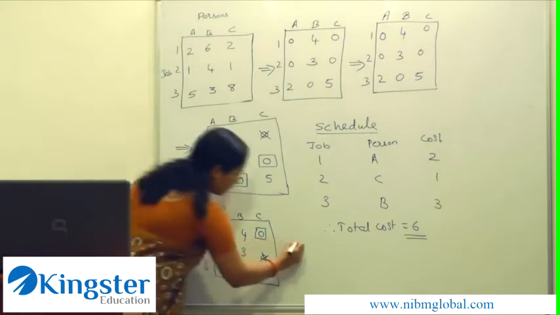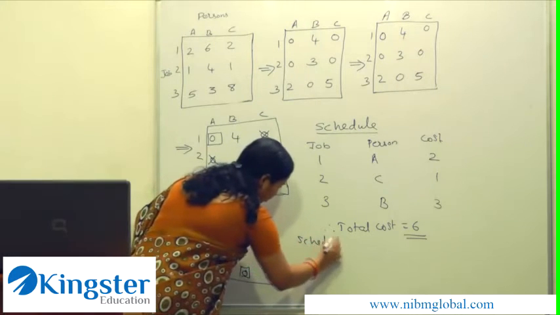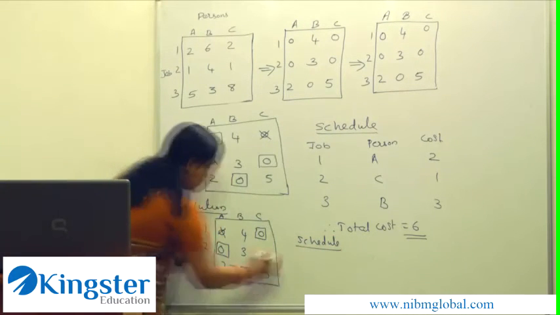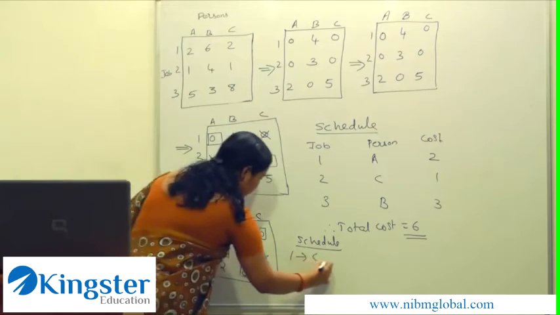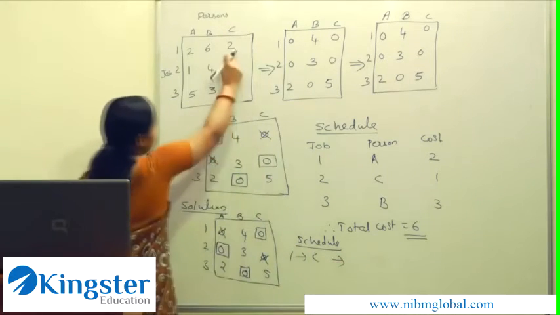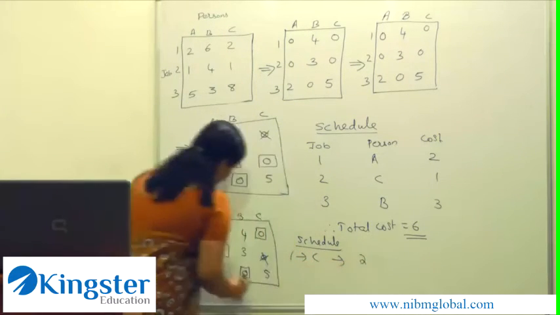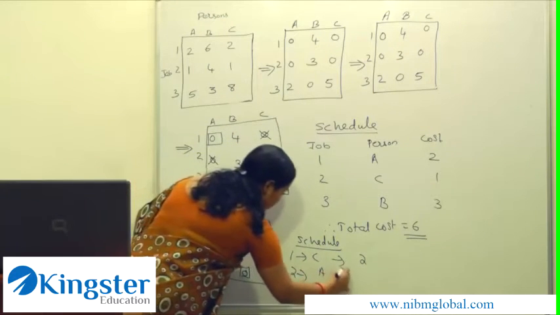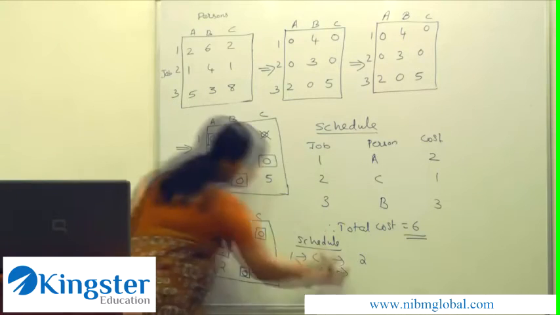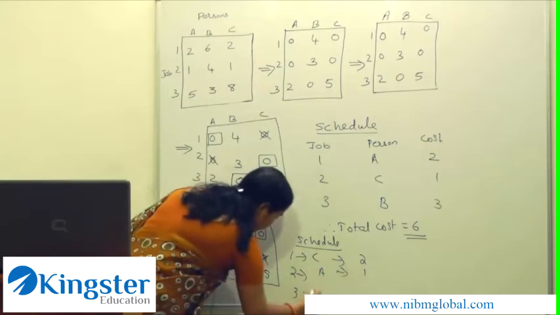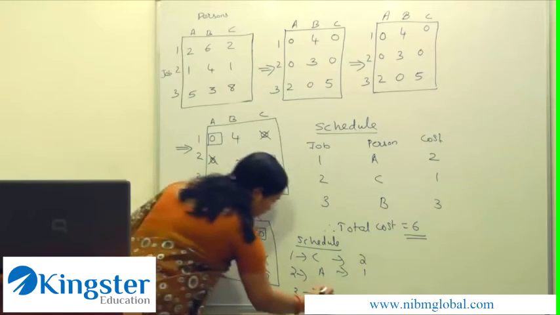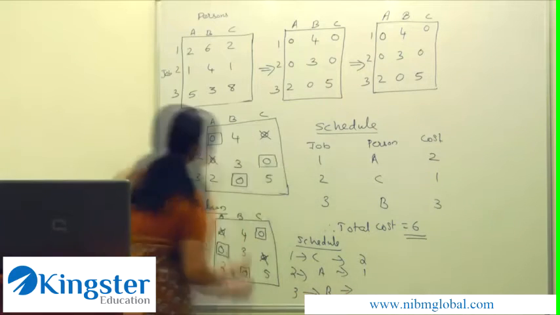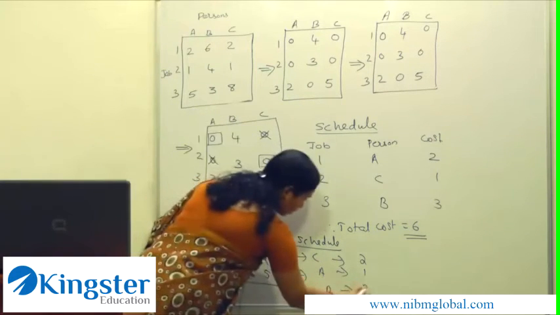Here the schedule is job 1 is assigned to C and the corresponding cost is 2. Job 2 is assigned to A and the corresponding cost is 1. Job 3 is assigned to B and the corresponding cost is 3.